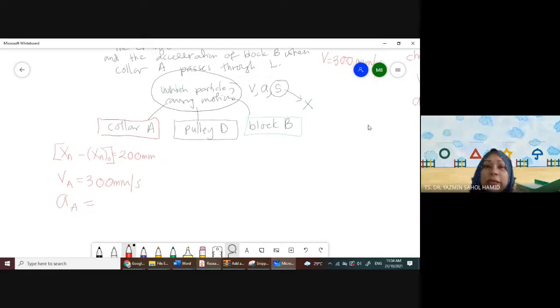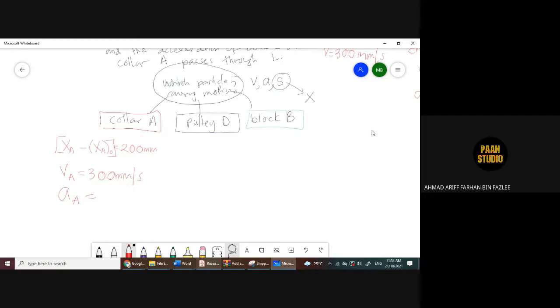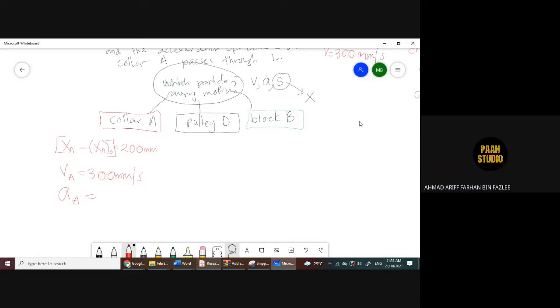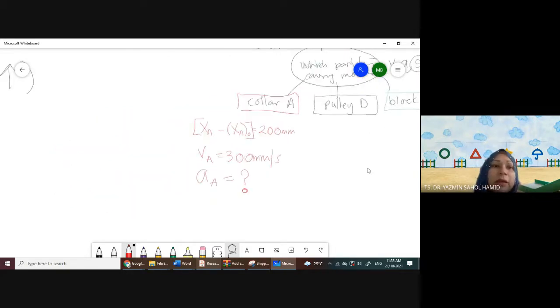What do you think is the acceleration of collar A? This is something we do not have, eh? Guys, please do not be mistaken.